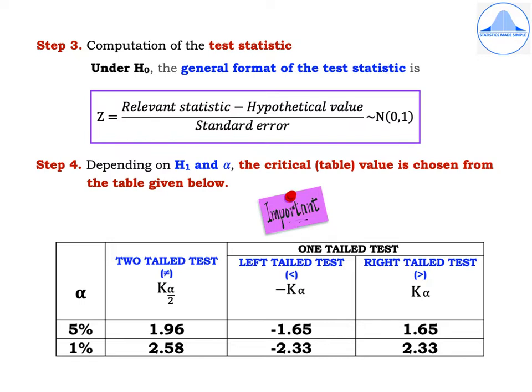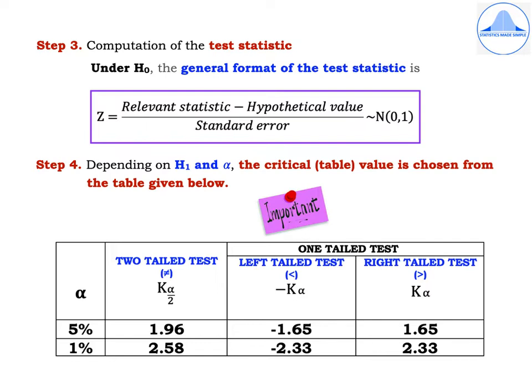So, under large sample tests, we will see that all the test statistics will be of the standard normal variate form. That is, on the left hand side, we will always have Z, but the right hand side expression is going to change. But this expression will follow normal 0, 1.